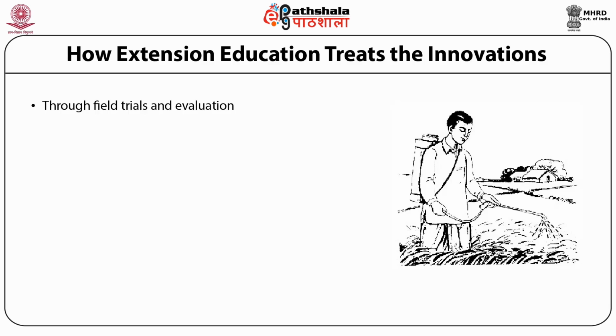The treatment process is known as field trial or evaluation. Conditions prevailing in the laboratory while conducting the research are totally different from where the technology is going to be adopted. Under such circumstances, what is the way out?